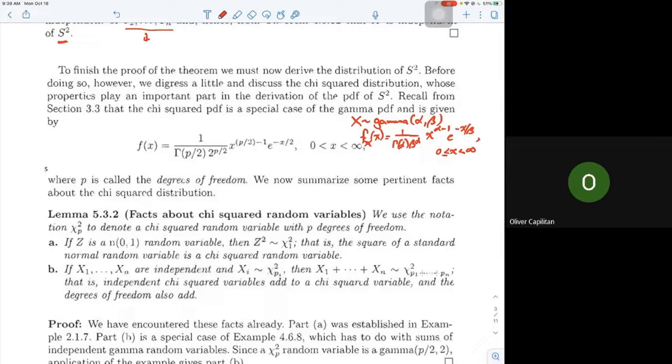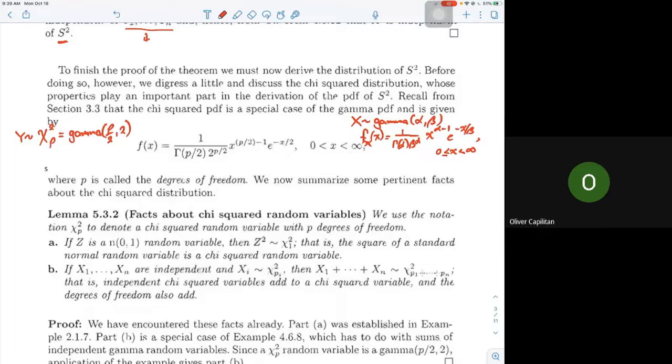In this case, if y has a chi-square distribution with p degrees of freedom, this is the same, as we said, because the chi-squared PDF is a special case of a gamma PDF. So this is equal to the gamma distribution with parameters p over 2 and 2.